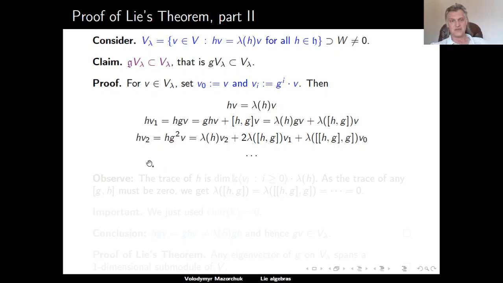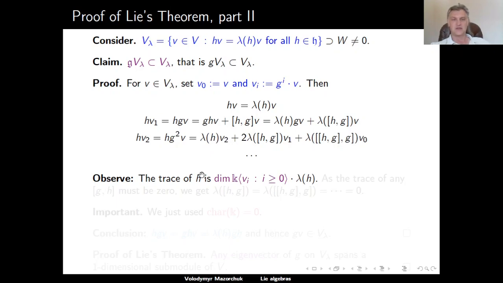Continuing similarly, it's clear that h times V_i is equal to lambda of h V_i plus a linear combination of V_{i-1}, V_{i-2}, and so on, with some coefficients, and also with the scalars given by lambda of some brackets between h and the element g. And these brackets can be multiple. So in particular, we can observe that when we apply h to V_i, the coefficient at V_i will be lambda of h.